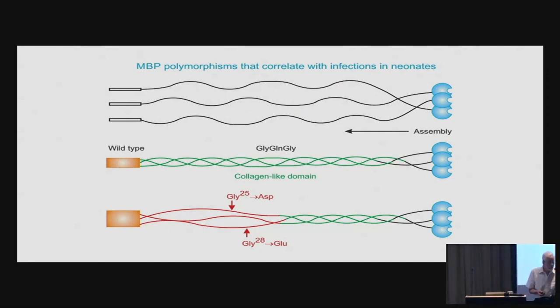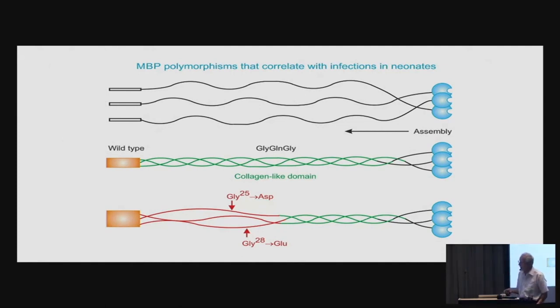The other thing that's nice about mannose binding protein is we can make a very specific linkage to function through human mutations. Maureen introduced this, but I want to emphasize that we really understand why this mutation does what it does. These are the sugar binding domains. This is this long collagen-like domain, and these mutations are in the collagen-like domain. These are types of mutations that are very well studied in other collagen-containing molecules.